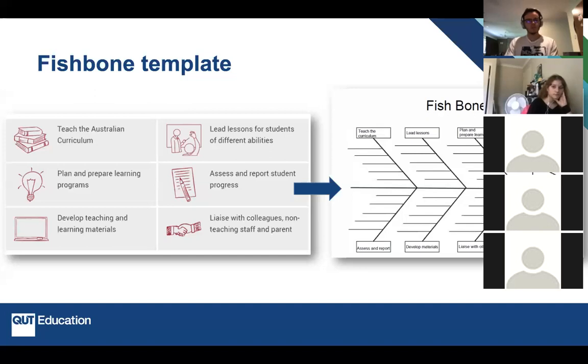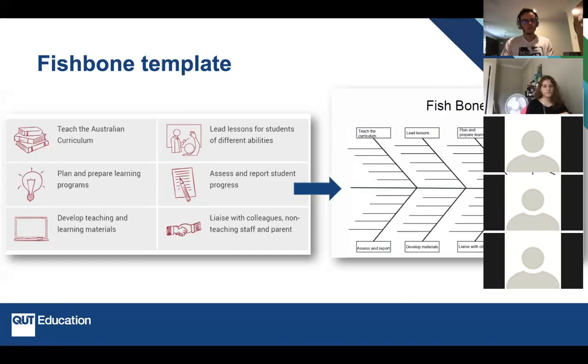So that might be developing, using materials that are engaging, using a variety of materials, so multimodal, making sure that the materials that you use are appropriate to all learners, those sorts of things.